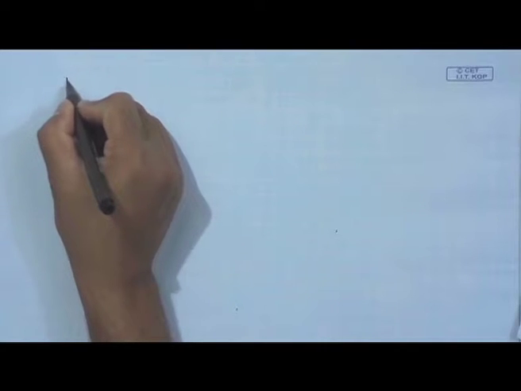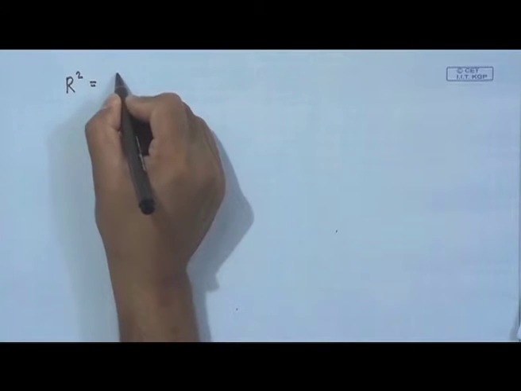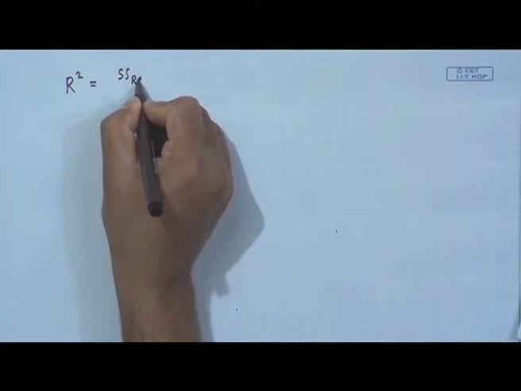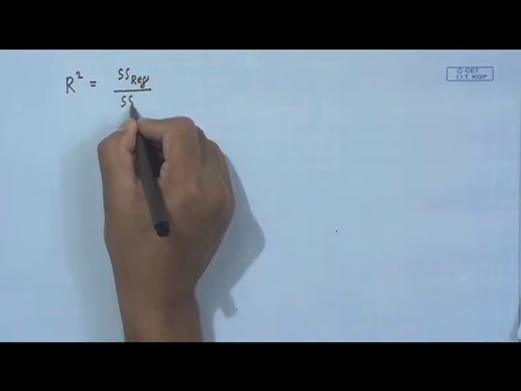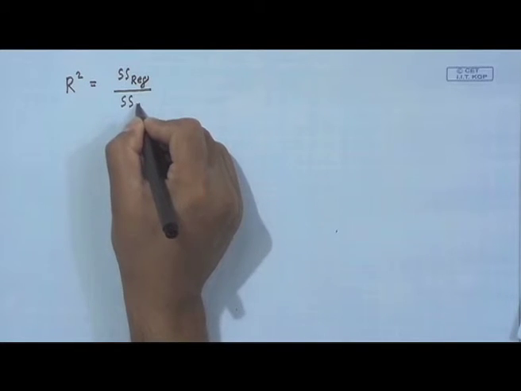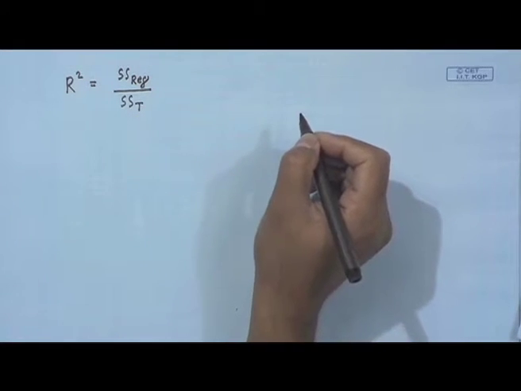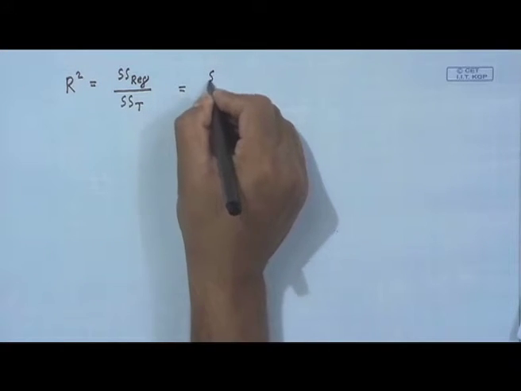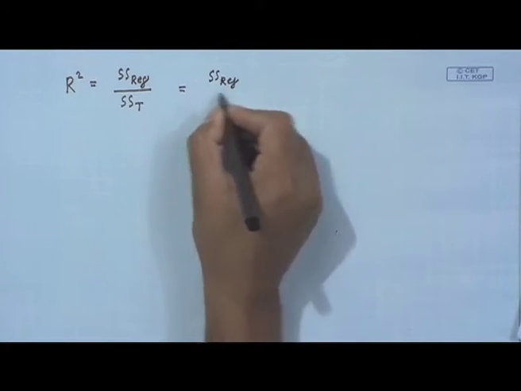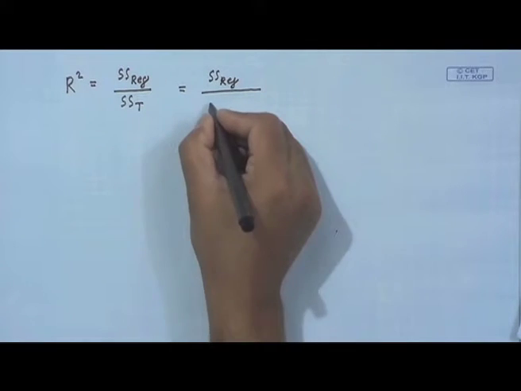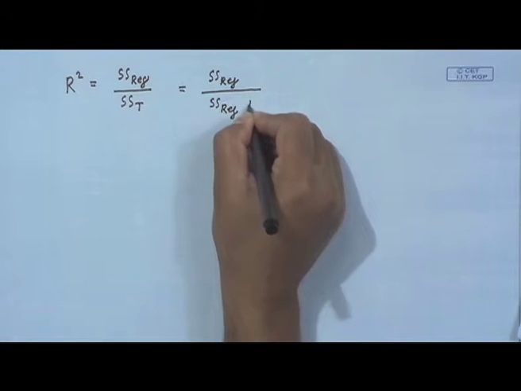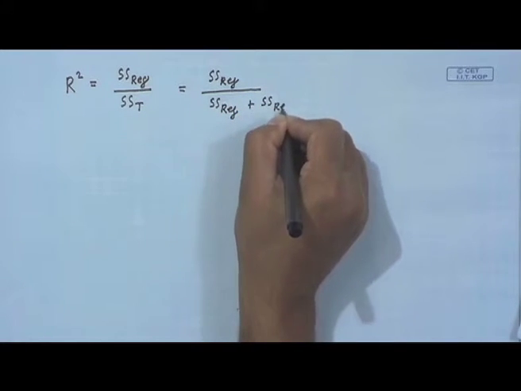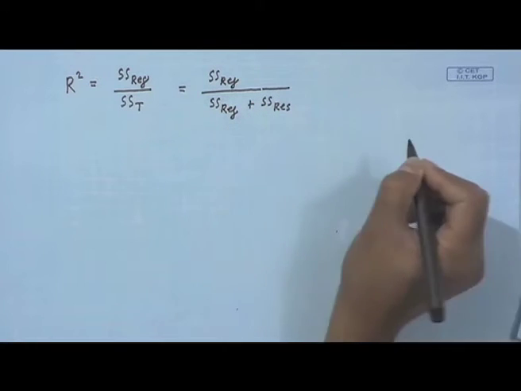So, R square, which is equal to SS regression by SST, that I can write as SS regression over SS regression plus SS residual, since SS total is equal to SS regression plus SS residual, right.